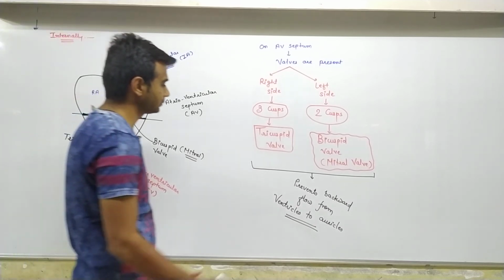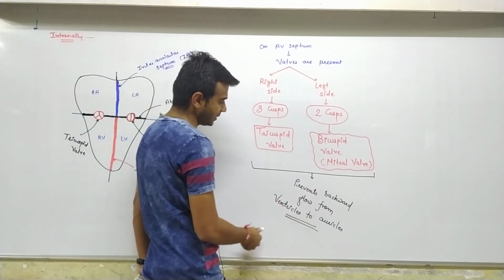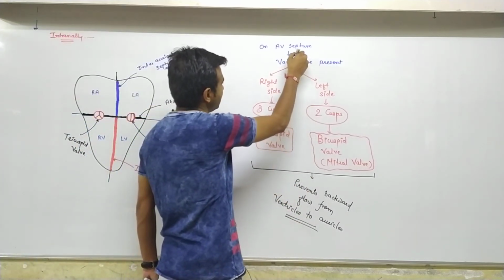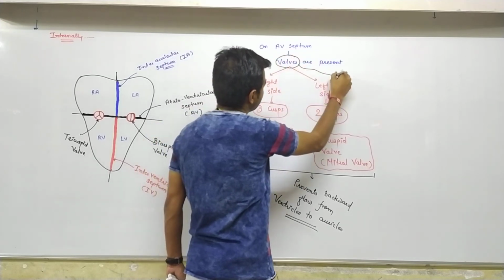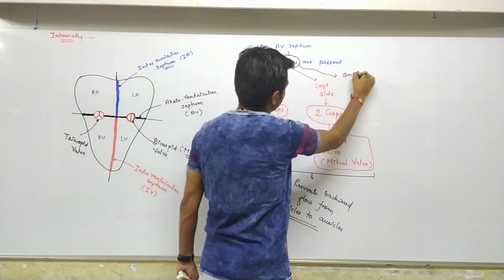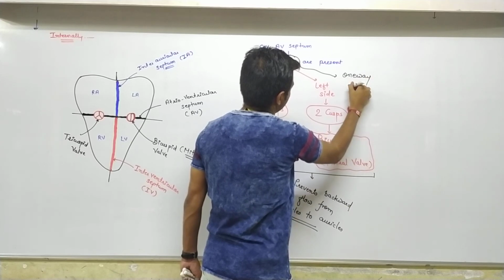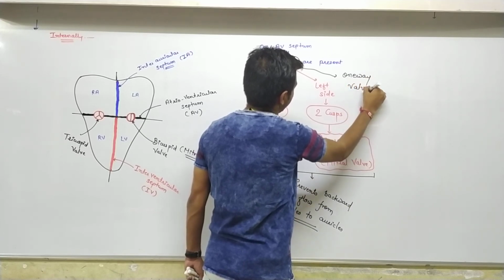These valves prevent the backward flow from the ventricles to the auricles, and these are one-way valves.